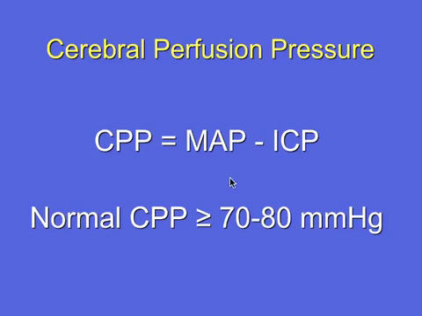So if your mean arterial pressure is 100 and your intracranial pressure is 20 or 30, then you're going to end up with a cerebral perfusion pressure of 70 to 80 millimeters of mercury, which is normally seen. But if your intracranial pressure starts to rise, your cerebral perfusion pressure will fall, and therefore the speed of flow of blood through the skull falls too.